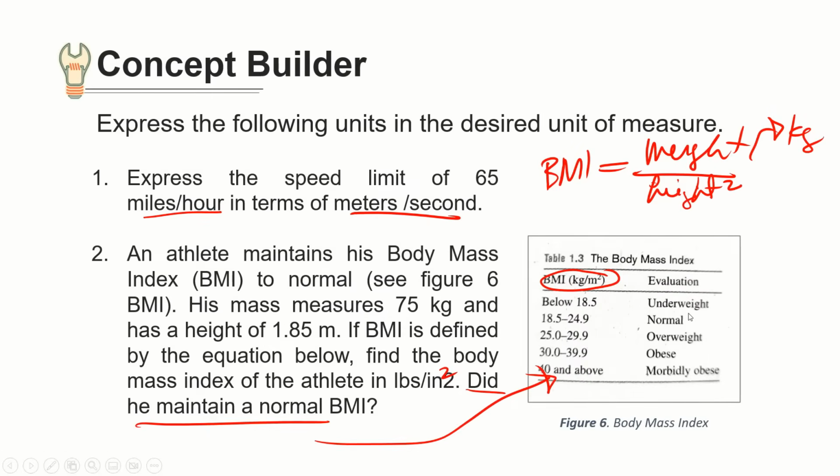So, here is our table. So, sabi natin, yung calculated value natin ng BMI is 22 kg per squared meter. So, kung titignan natin, dito siya papasok sa 18.5 to 24.9. Yung katapat niya, evaluation natin is, yung BMI niya is normal. So, therefore, the athlete maintained his normal body mass index.